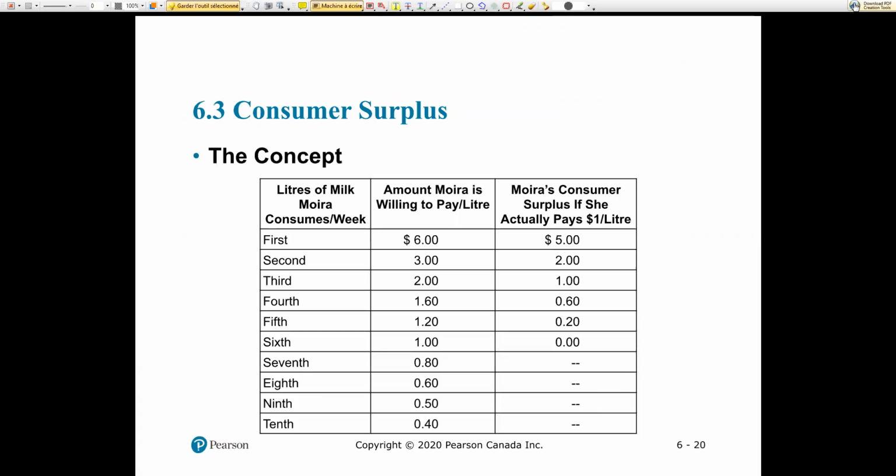Okay, moving on to actually a very easy concept. I think it might even be easier than total market value or what we've seen previously. Consumer surplus. So what's going on there? Very simple. What value do I get from a good when I buy it? Well, it's related to how much I paid for it.